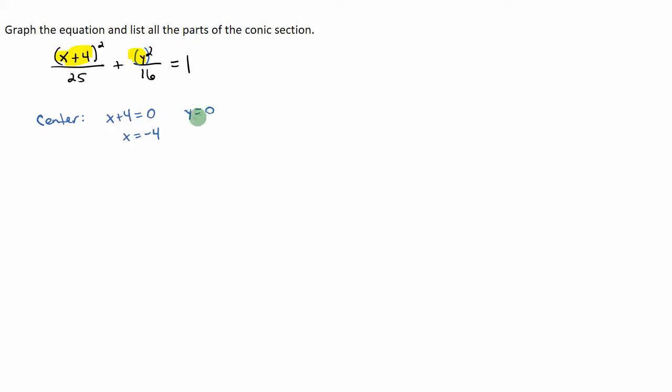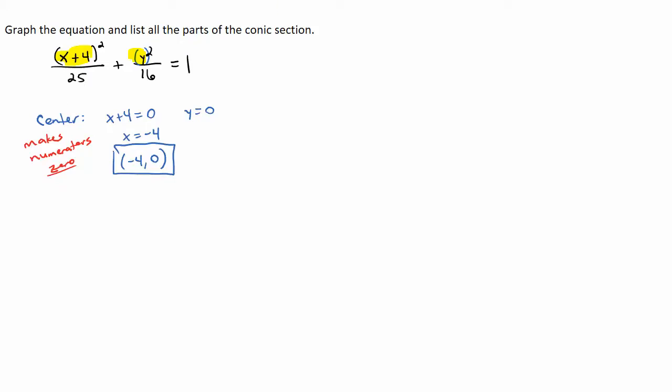I don't have to solve that, it's already solved for y. So my center is the ordered pair negative 4, 0. The coordinates for the center, one more time, are the x and y values that make the x and y squared parts in the equation, the numerators, equal 0.